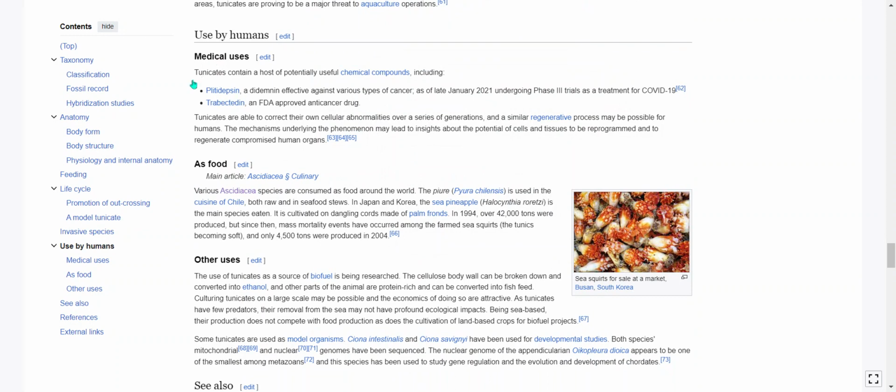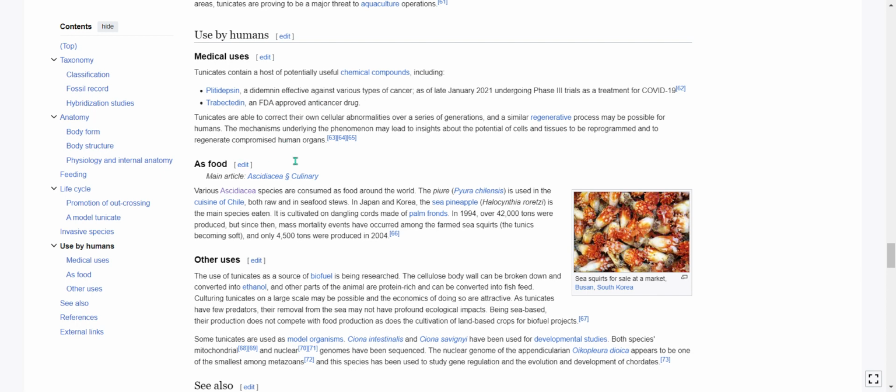Okay. Medical uses. They have a host of potentially useful chemical compounds, including plitidepsin, a didemnin effective against various types of cancer, as of late January 2021 undergoing phase 3 trials as a treatment for COVID-19, and trabectedin, an FDA-approved anti-cancer drug.